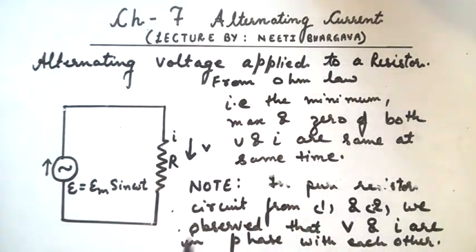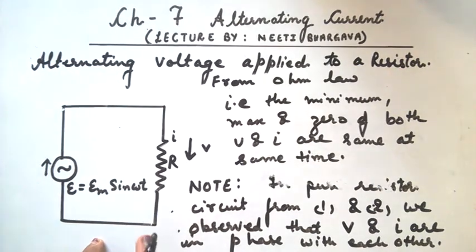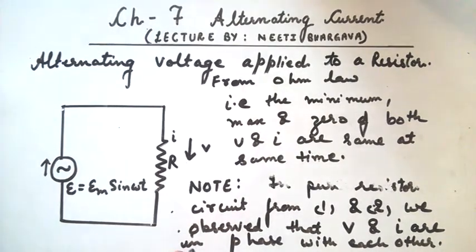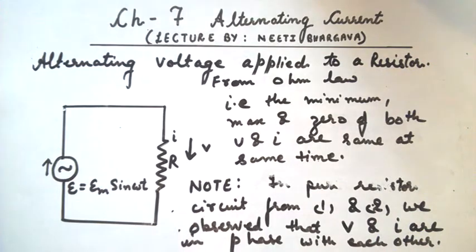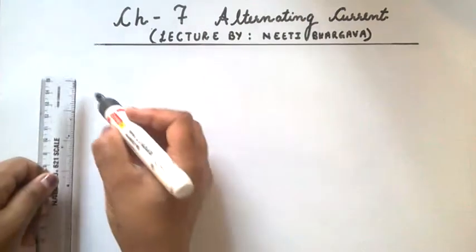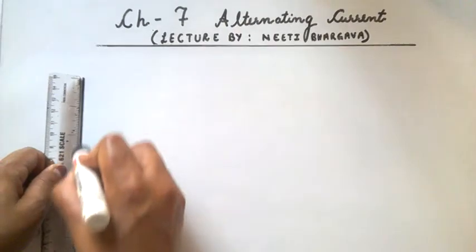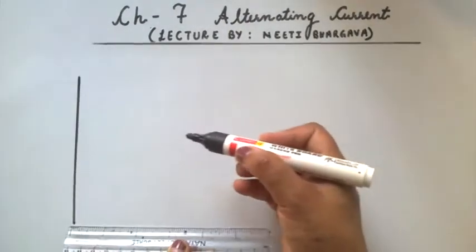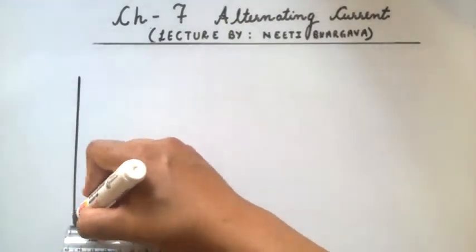Now we can draw its phasor diagram as well as the graph between alternating voltage and current with respect to phase, the diagram for a pure resistive circuit. Consider XY coordinate axes.